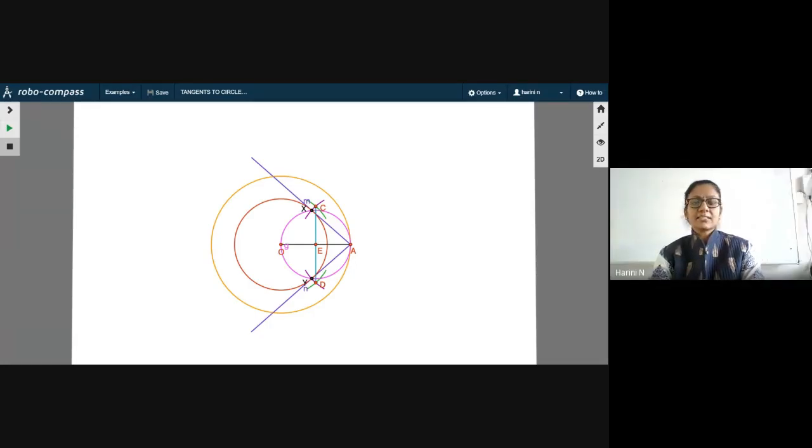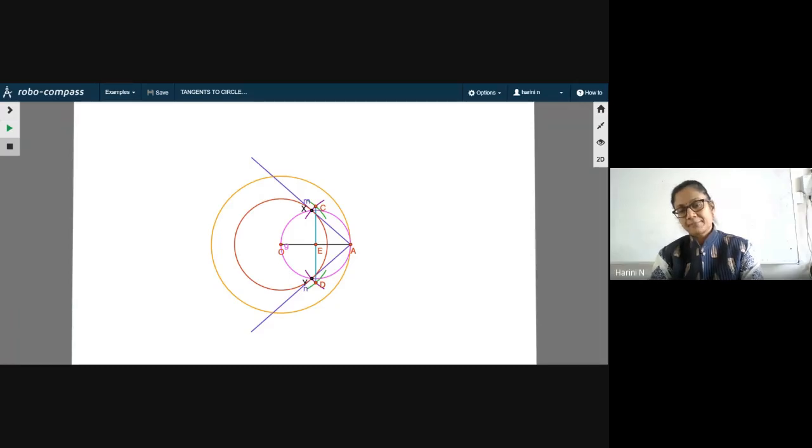Construct a perpendicular bisector to bisect OA at E. Construct a perpendicular bisector to bisect OA at E.